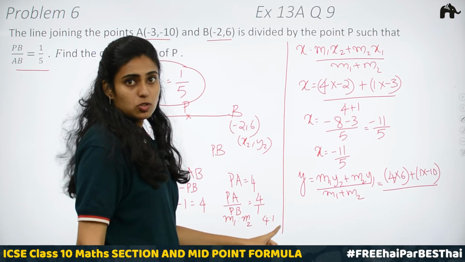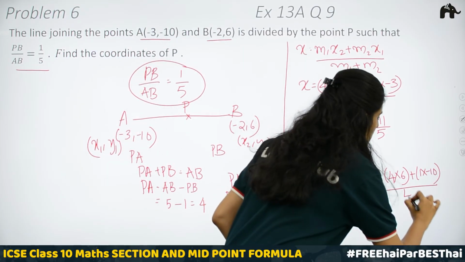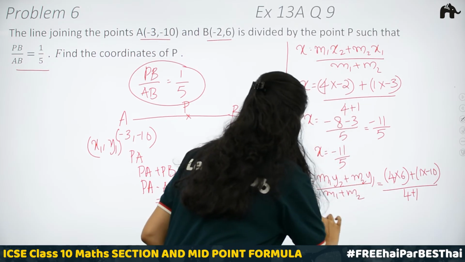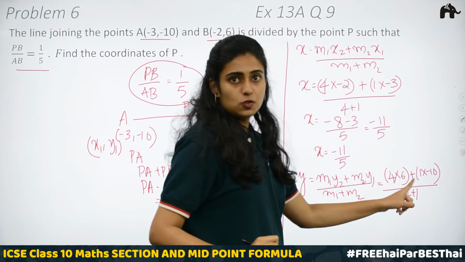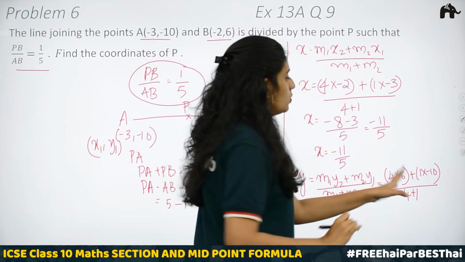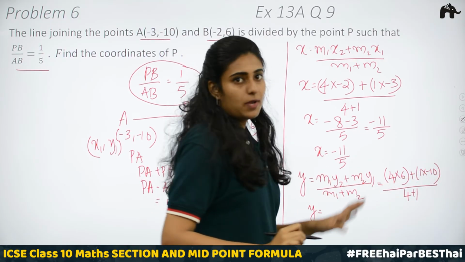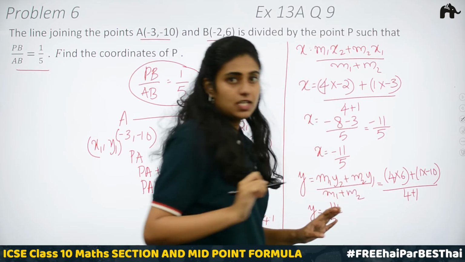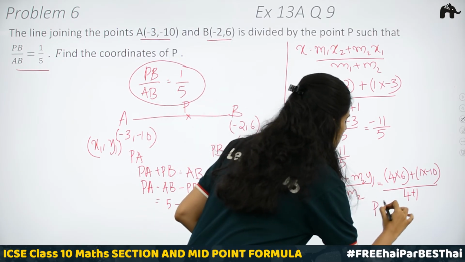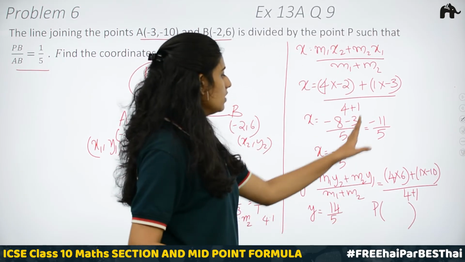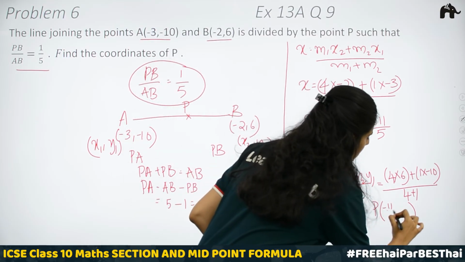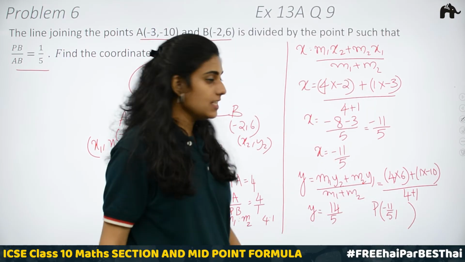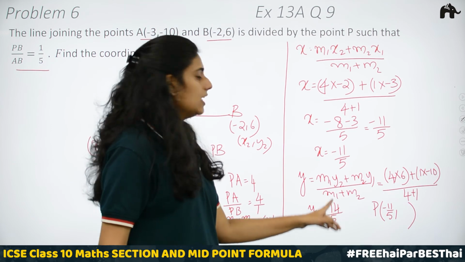M1 is 4 and M2 is 1, 4 plus 1. Y is equal to 4 into 6, 24. 24 minus 10 is 14. 14 divided by 5. Therefore, the coordinates of point P are: X coordinate we got minus 11 by 5. And what is the Y coordinate? Y coordinate is 14 divided by 5.